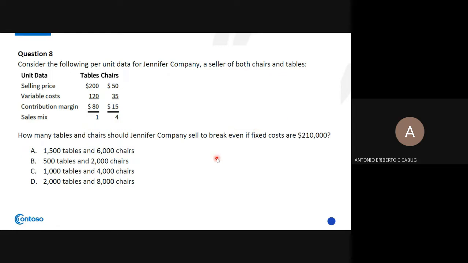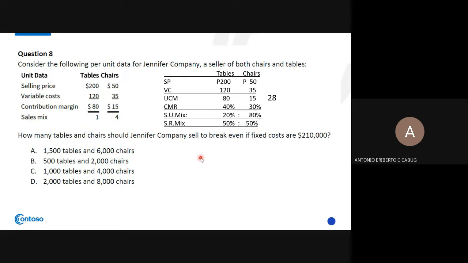Next question. Next assumption. So, let us say for example, that the weighted average UCM cannot be arrived at. Hindi binigay yung sales unit mix, pero binigay naman yung revenue mix.